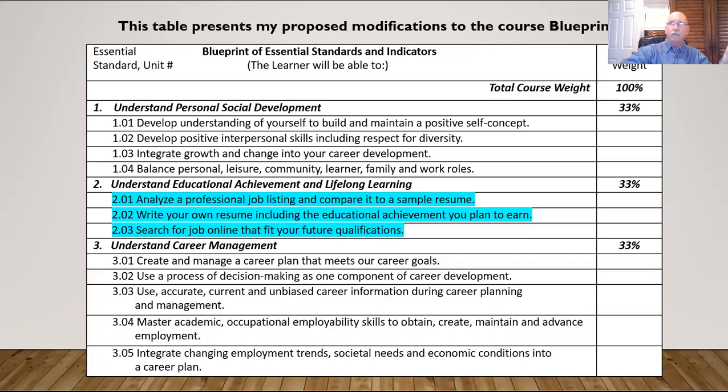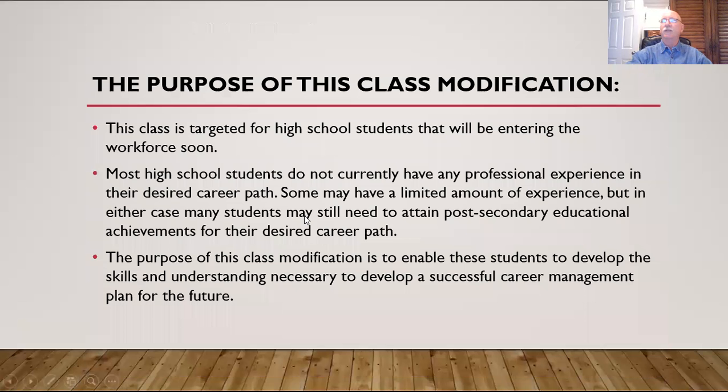Secondly, I think it's a good time for the student to write their own resume and include any educational achievements they plan to earn, so that when they're comparing their ideally future resume with their future educational achievements, they'll be able to start thinking ahead, what kind of a job could I qualify for? And then the third one there, obviously, to search for an online job that would fit future qualifications. So I think that might be an interesting modification to the class.